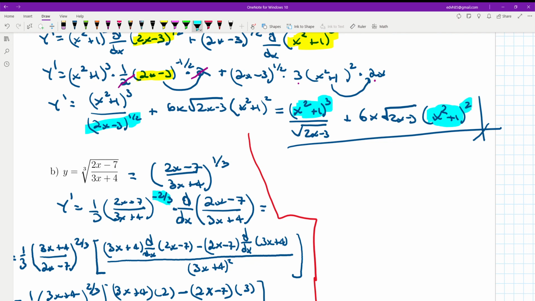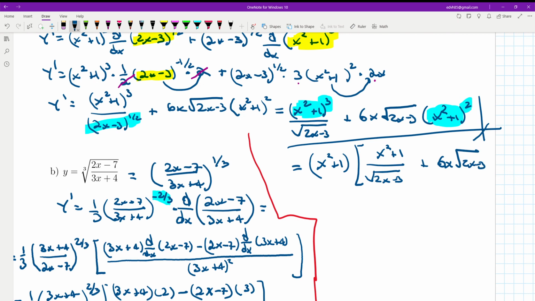So x squared plus 1 is our greatest common factor, and I'm going to factor out the lowest power possible, which in this case is x squared plus 1 squared, and I'm going to be left with 1 power of x squared plus 1 over the square root of 2x minus 3, plus 6x times the square root of 2x minus 3.